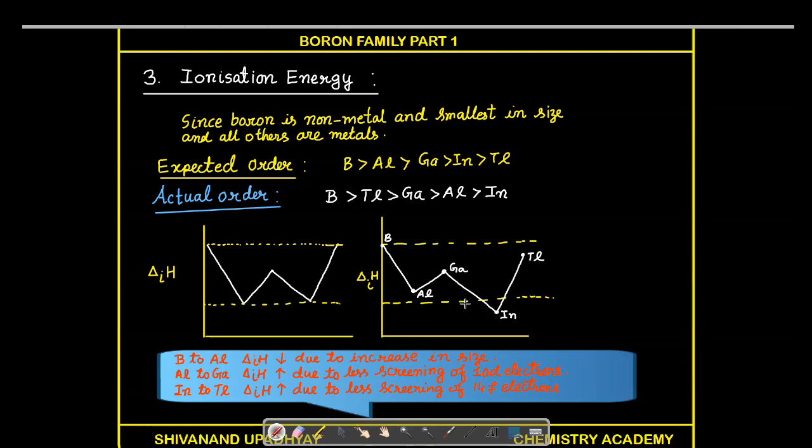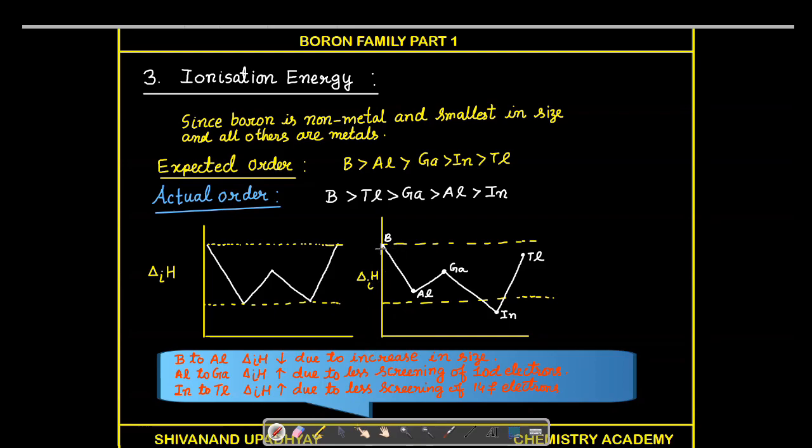So why does the ionization energy increase from indium to thallium? That can be explained again by the poor screening effect of 4f electrons, because in thallium we fill electrons in the 4f orbital for the first time, I think. Because of that, there is a lanthanide contraction, or we can say that the screening effect of f electrons is less. So the force of attraction between the nucleus and the outermost electrons increases.